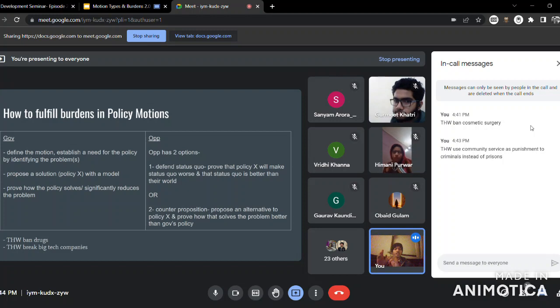At this point, where the motion doesn't specify any particular demographic or group of criminals, Gov can't arbitrarily exclude such a major component of criminals and just say that, oh, we'll only have community service for young non-violent criminals, and for the rest, the grave crimes, we're okay with sending them to prisons.